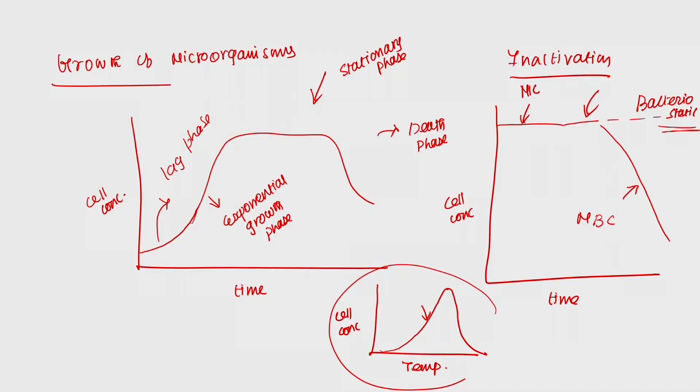Certain organisms will get killed upon a particular physical action. Sometimes the dead microorganisms also act as a shield and protect the rest of the microorganisms. That is the way this bacteriostatic phase happens, but we are not going into detail about that.